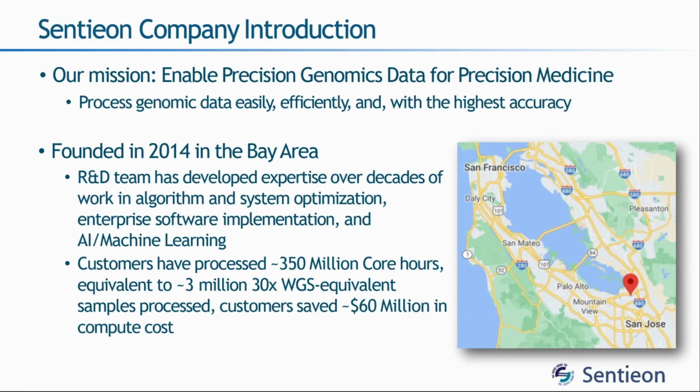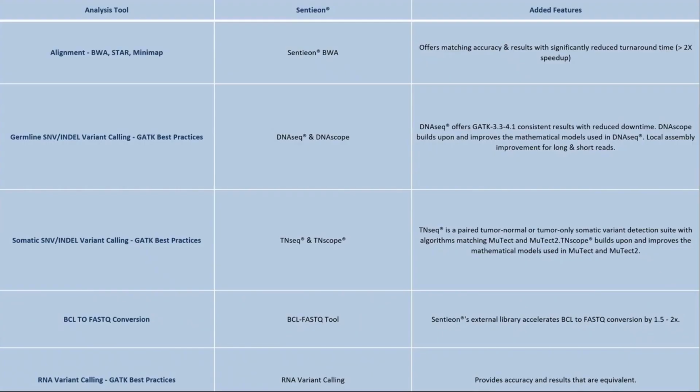Now, moving on to our next slide, I'll be comparing the open source bioinformatics tools with Sentieon. So we have open source tools like, for alignment, BWA-MEM, STAR, and Minimap2.